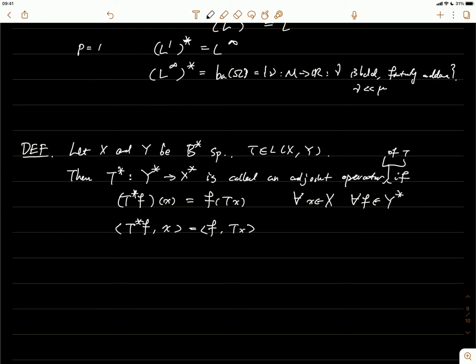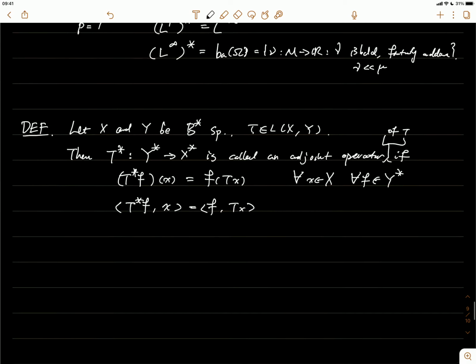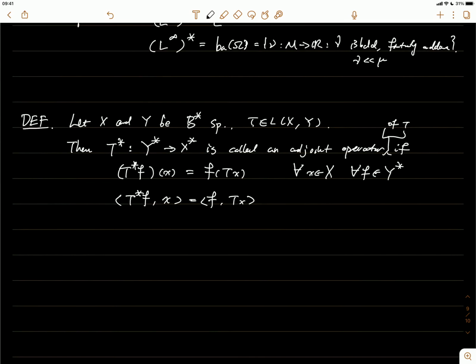So let's see whether this T star is well defined, meaning that we can actually have such a T star as a mapping. To see this, let's look at T itself. For any given T, we look at any F in Y star.